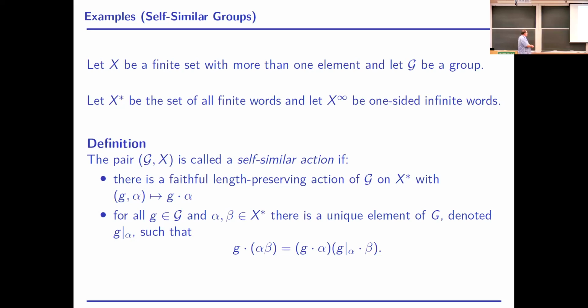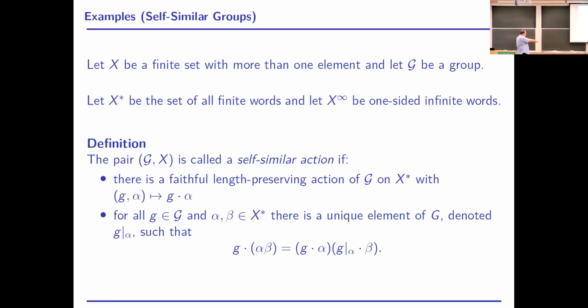The pair (G, X) is called a self-similar action if there's a faithful length-preserving action of G on X star, g takes α to g·α, and for every g in the group and α, β finite words, there's some unique element of G, g restricted to α.